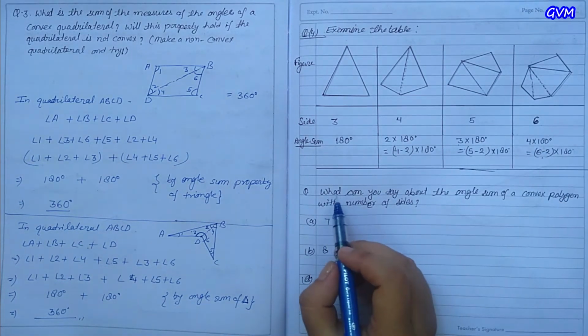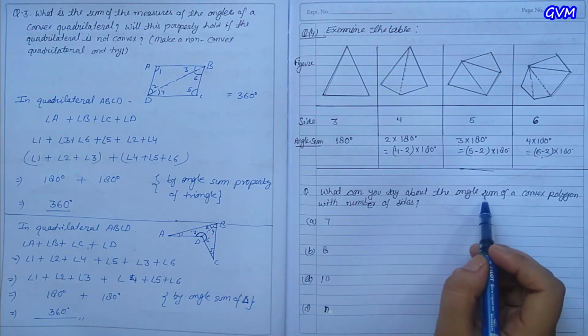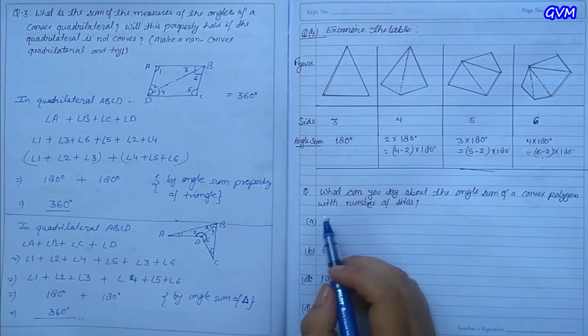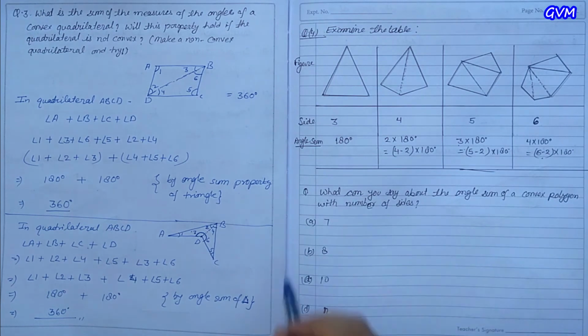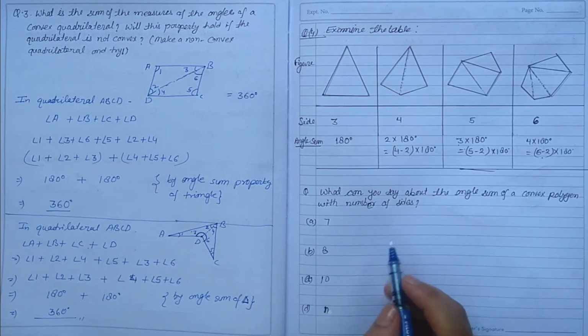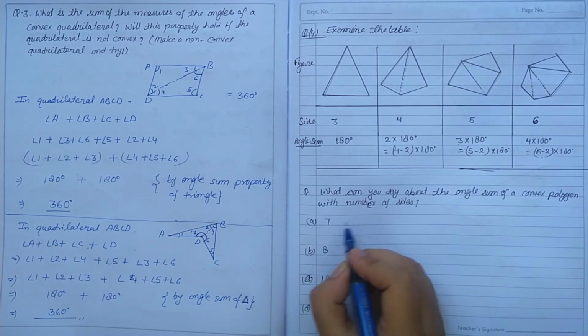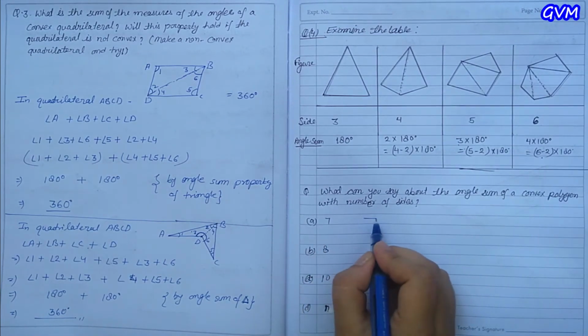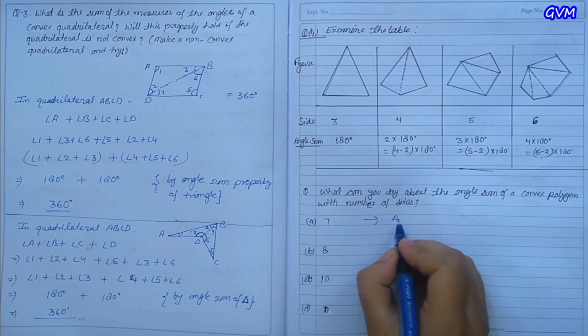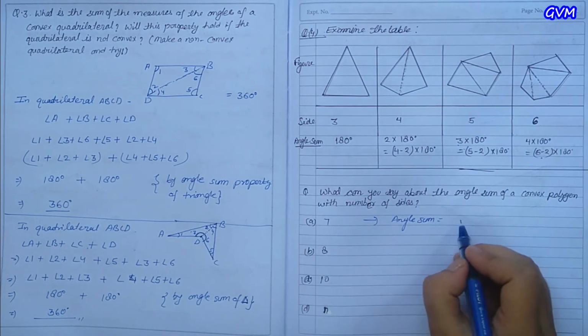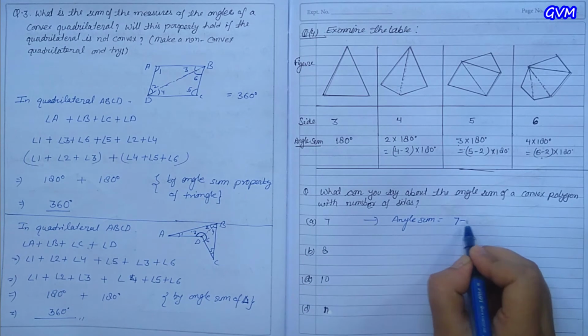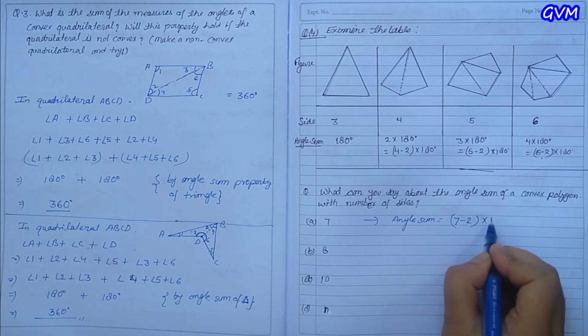Now the question is, what can you say about the angle sum of a convex polygon with the given number of sides? So when the number of sides is 7, the angle sum is 7 minus 2 into 180.